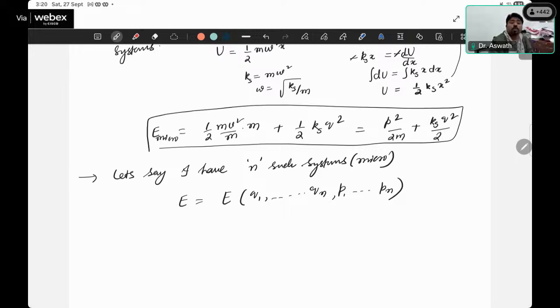Very good. Now for simplicity, let me pick one particular microscopic system which I like. Let's say I like the one with the index i, whose contribution of q_i and p_i I know.